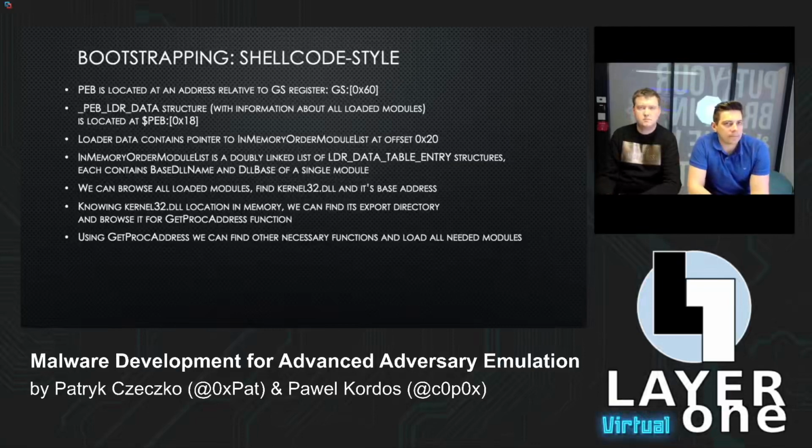The algorithm for this is to locate the Process Environment Block, and this is as simple as referencing the FS or GS register for 32 or 64-bit architecture respectively. And then there is this loader data structure in the Process Environment Block, which contains information about all loaded modules, either executable or DLLs.